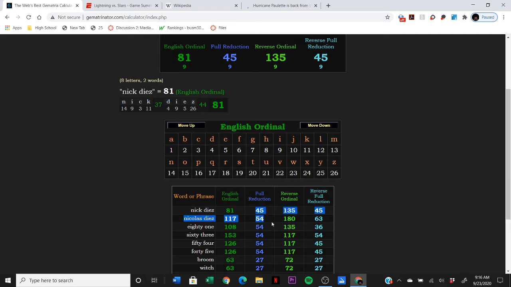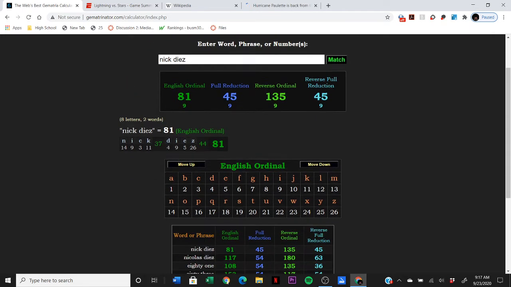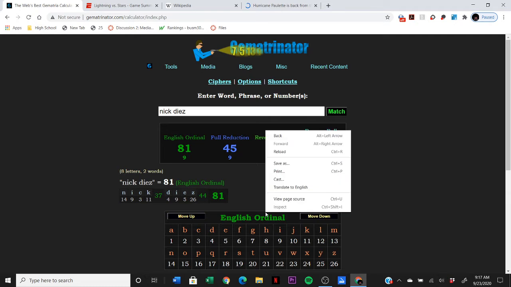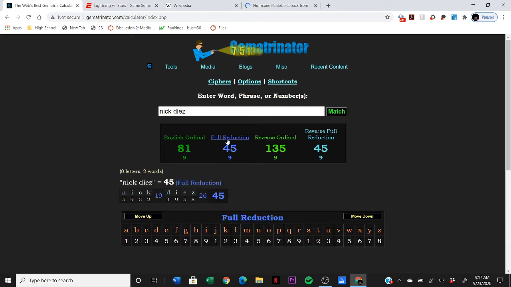But if you go back, I want you to use this code. If you're ever curious about why things happen to you or the way things happen in just life, I want you to go and use this code. Go to this website, gematrinator.com, and just type in your name and see what numbers you get. You'll be blown away by how many times these numbers will come up. Not even just your name, but just 45.